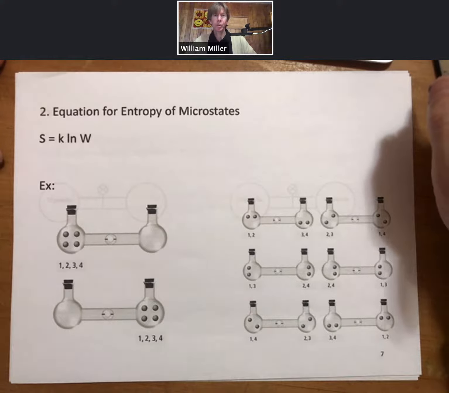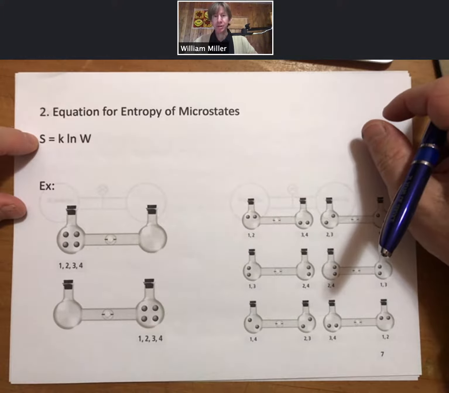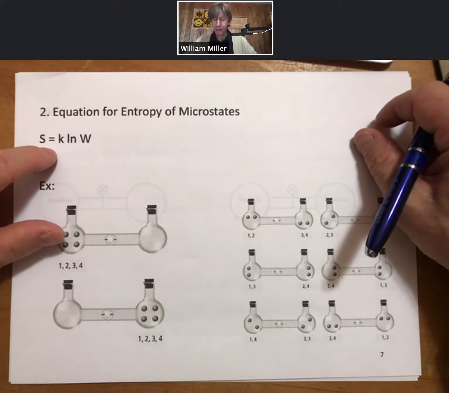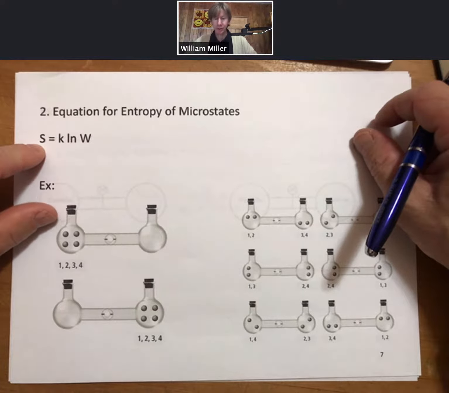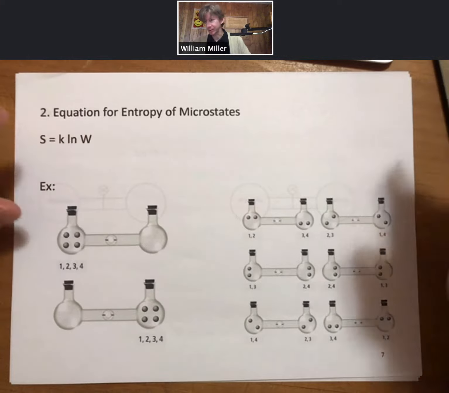Now let's put an equation to entropy. We've already said that there are absolute values of entropy, and we can calculate that absolute value of entropy if we know W, where W is the number of microstates.